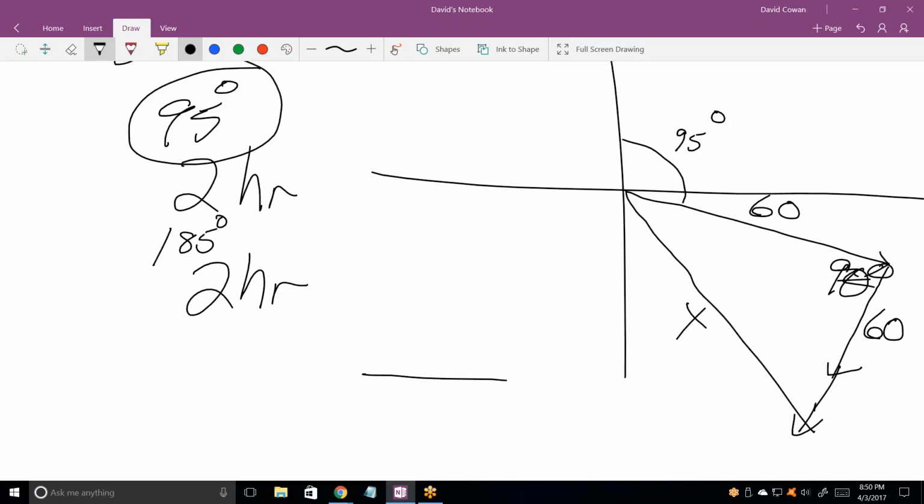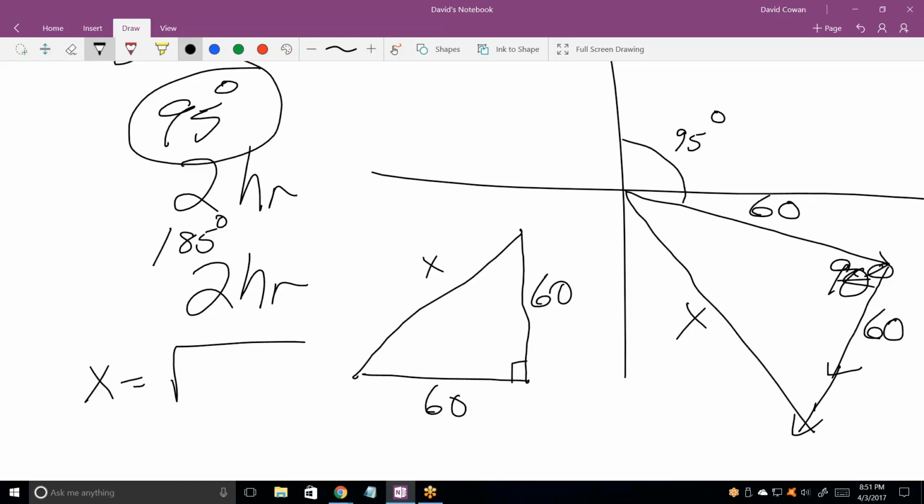Let me draw it from a slightly different perspective. We're trying to solve for x. That side is 60, that side is 60, and it's a right triangle. What is x? Use the Pythagorean Theorem, or else use your knowledge of 45-45 right triangles.